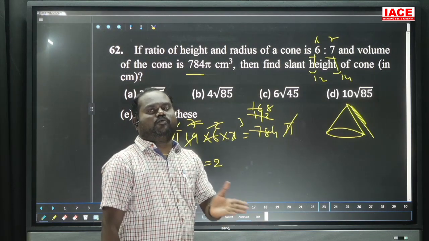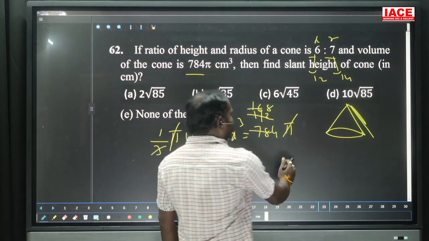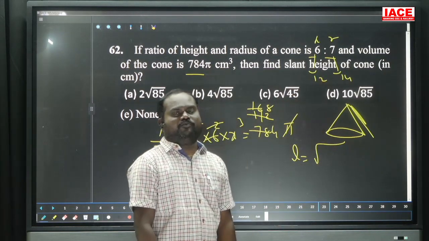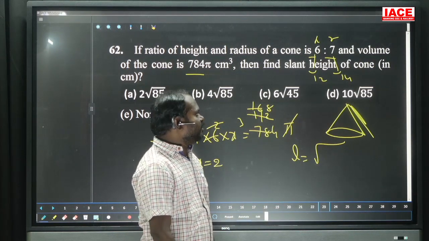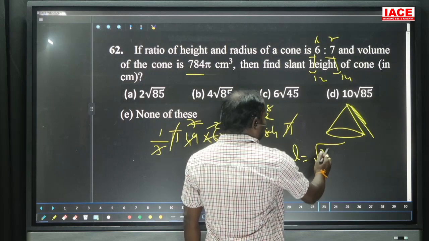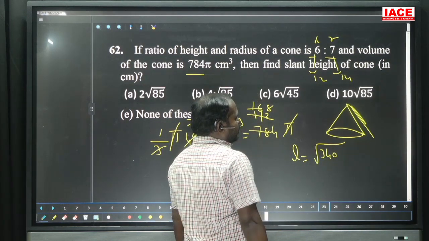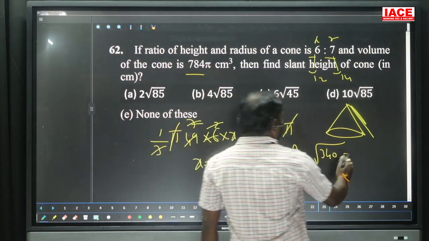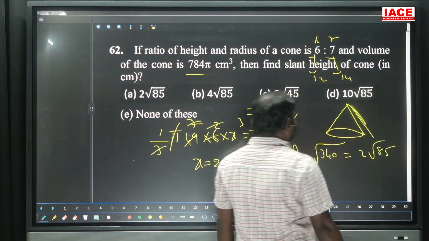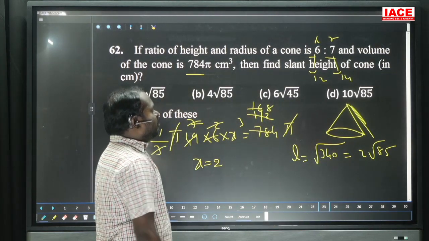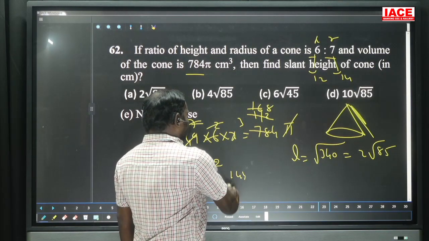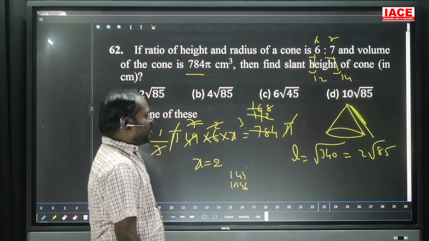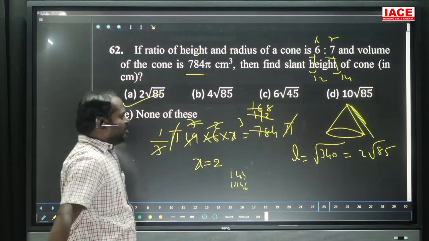So L square equals R square plus H square, L is equal to the square root of R square plus H square. 144 plus 196 is 340. We can break 340 as 2 root 85. Option A.